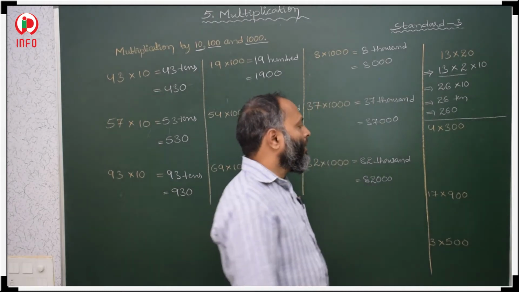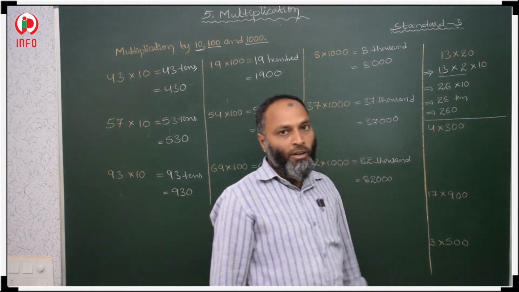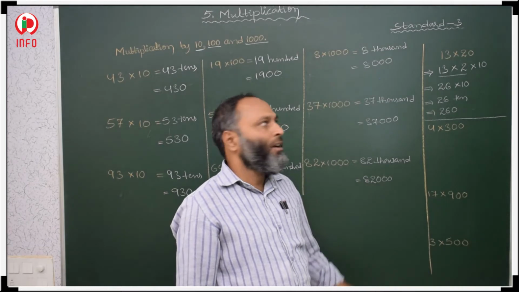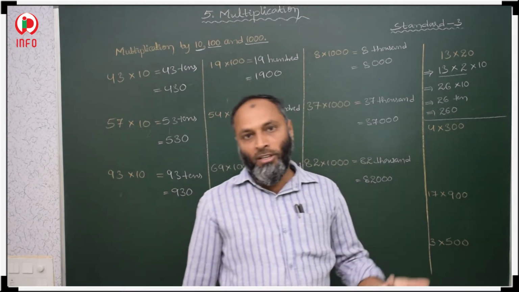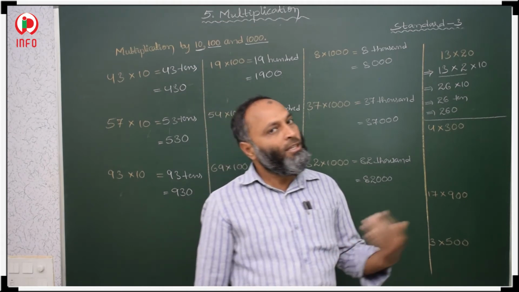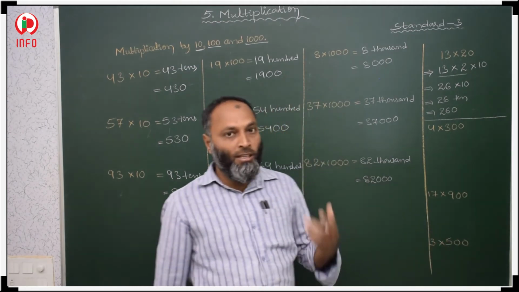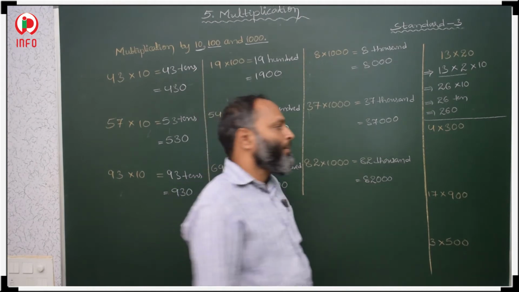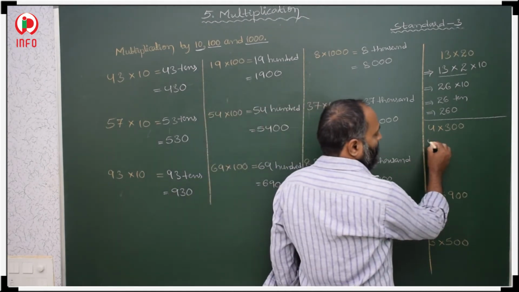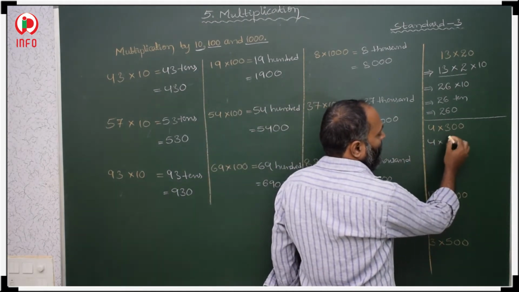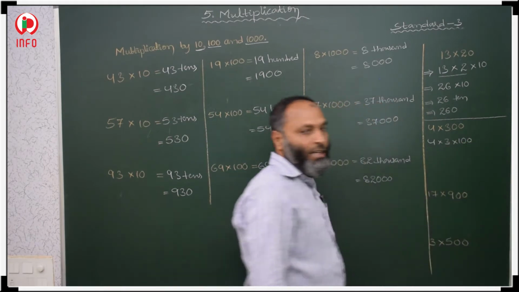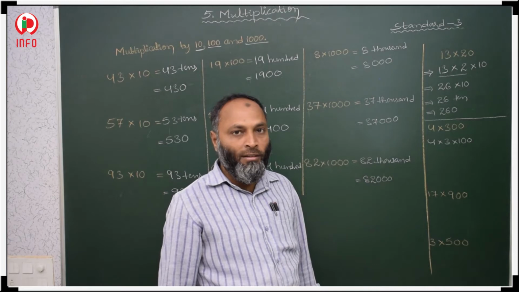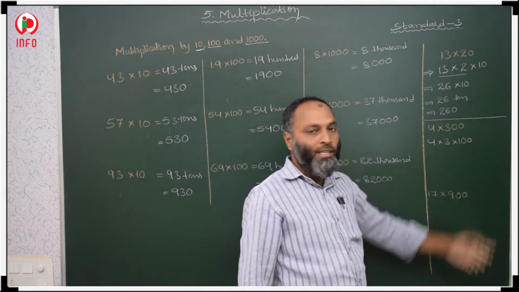Here 4 into 300. If possible in tens, convert into 10; if possible in hundreds, convert into hundreds; if possible in 1000, convert into 1000. So you think and do it. Then 4 into 300. 300 is 3 into 100. Now I converted this into hundreds.